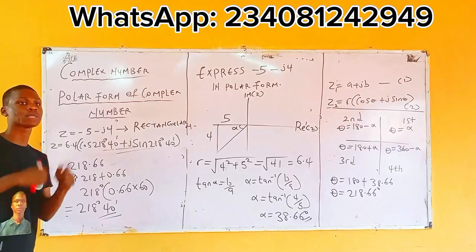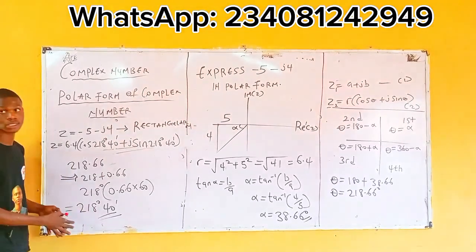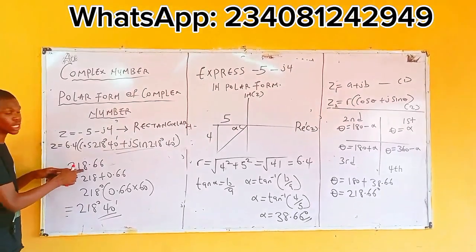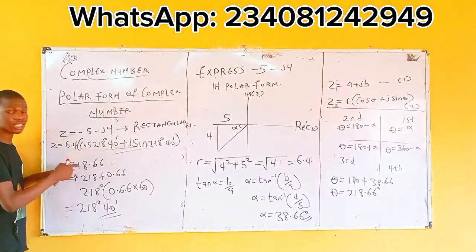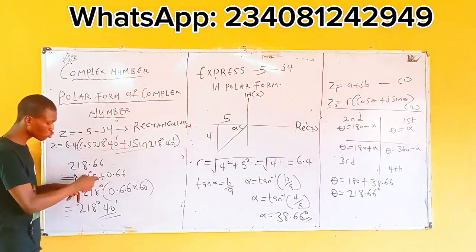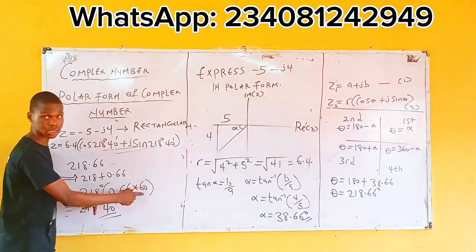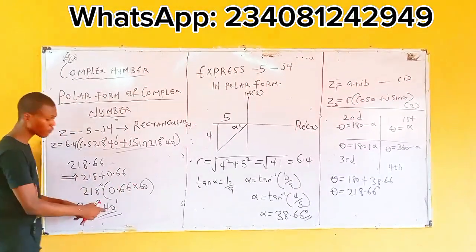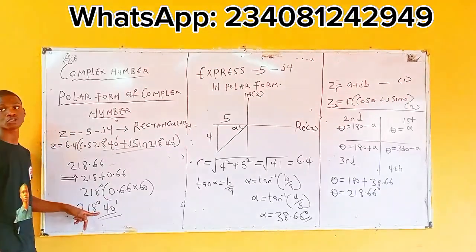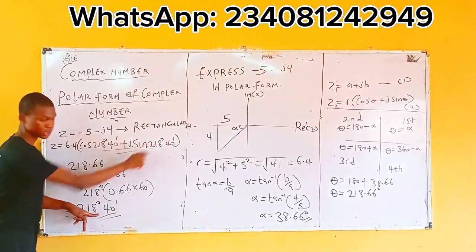Let's say the answer has been converted to minutes. How did they convert it? This is how they converted it. From 218.66 degrees, they converted it by saying 218 plus 0.66. This 218 is still in degrees, all into bracket, 0.66 times 60. And your answer, you got 40, meaning 40 minutes.